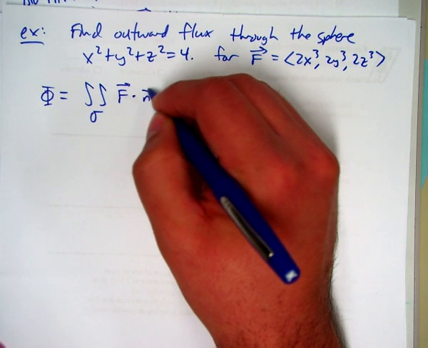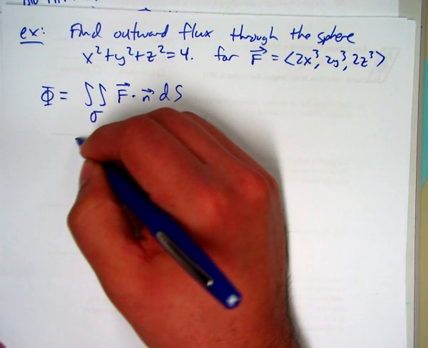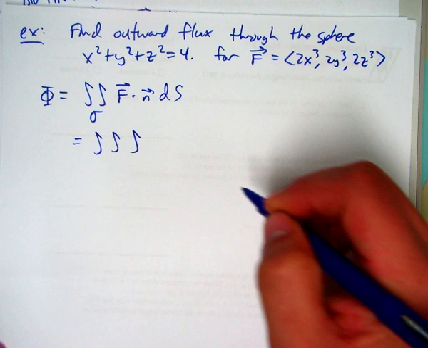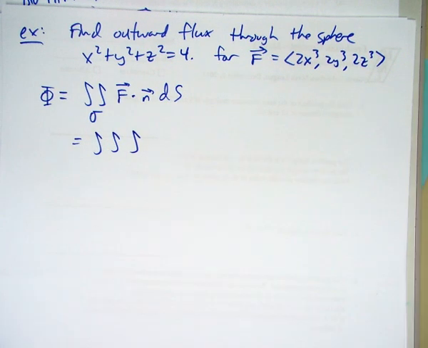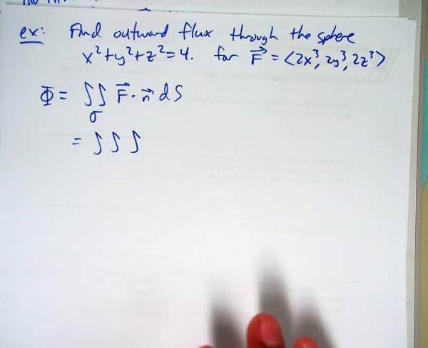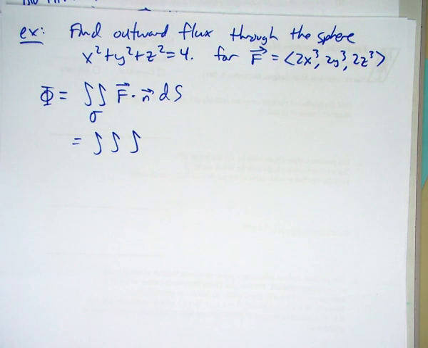Okay, so the flux will be calculated using a triple integral. A couple of you were asking about switching to spherical, cylindrical or polar. Always set them up the way that we've been doing them. In the flux integral section, you either set them up parametrically or rectangular, and then maybe switch to polar.